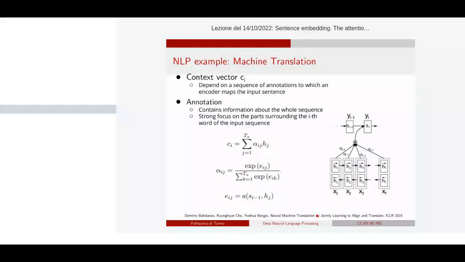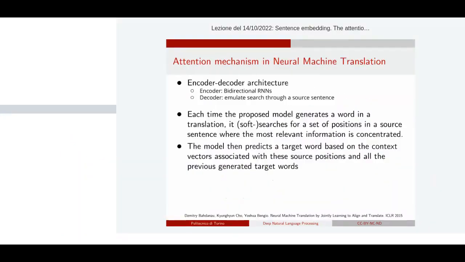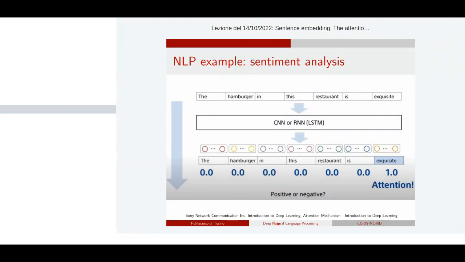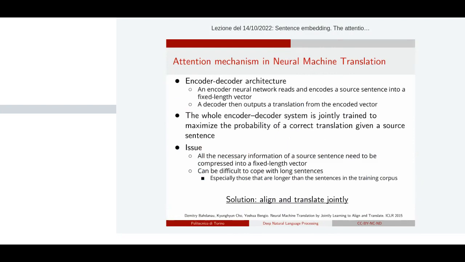This function allows you to return also a distribution of probabilities. So as I showed you before, in the attention score, I have some numbers here, which are actually probabilities. This is a distribution of probability. This sums to 1. And these are exactly the attention scores that I have here.